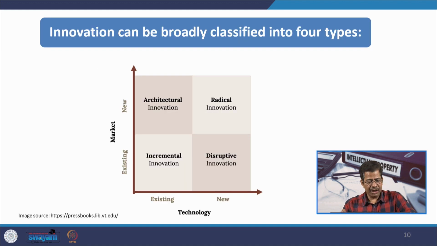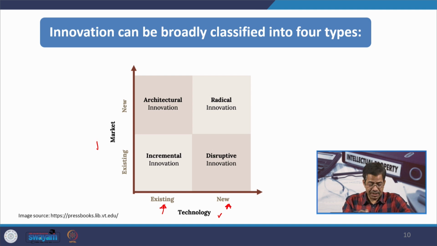So, here we will see how we are going to classify innovations on the basis of technological and market issues. When we are talking of technology, it can be either existing technology or new technology.